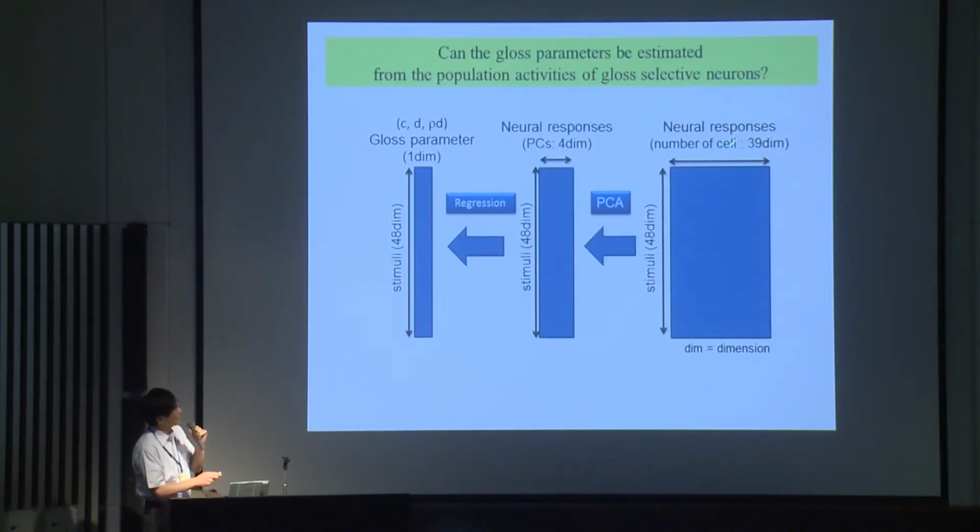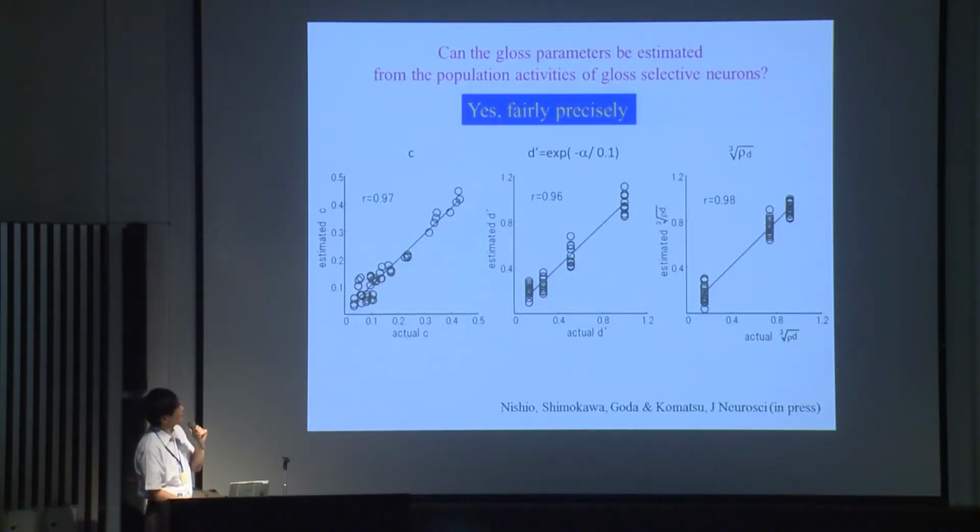However, a large number of neurons causes overfitting, so we first compressed the neural activity by principal component analysis to 4 dimensions, and then applied multiple regression analysis. Then we asked, can the gloss parameters be estimated from the population activities of gloss-selective neurons? We found the answer was yes. Each of the perceptual parameters is fairly precisely estimated from the population activities of gloss-selective neurons.